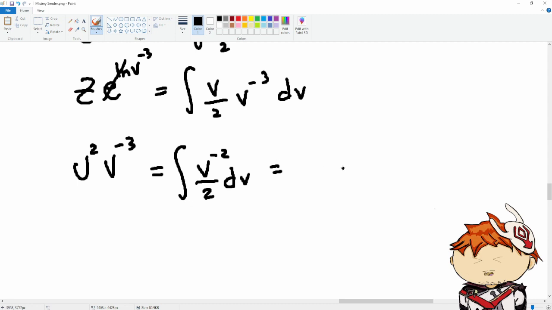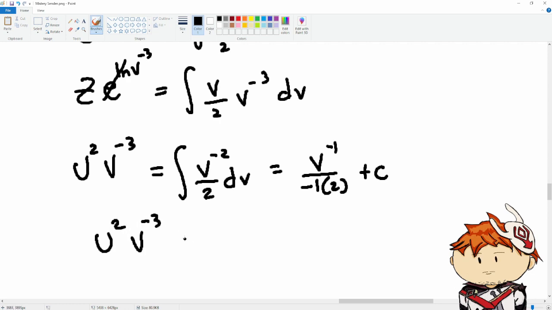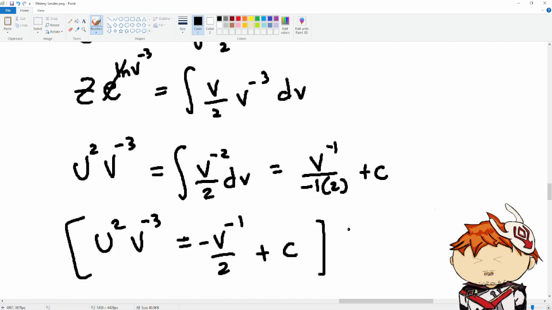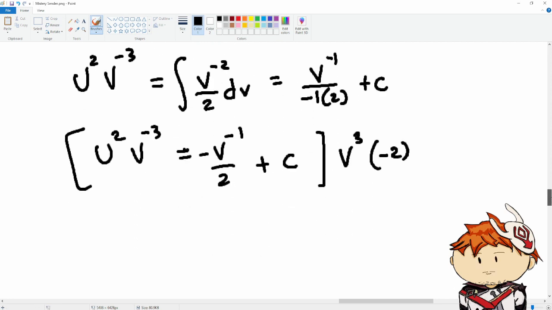The integral of v^-2 is v^-1 over -1, multiplied by 2, plus c. So basically, this is u squared v^-3 is equal to v^-1 over -2 plus c. Multiply both sides by v cubed and -2, or just positive 2.